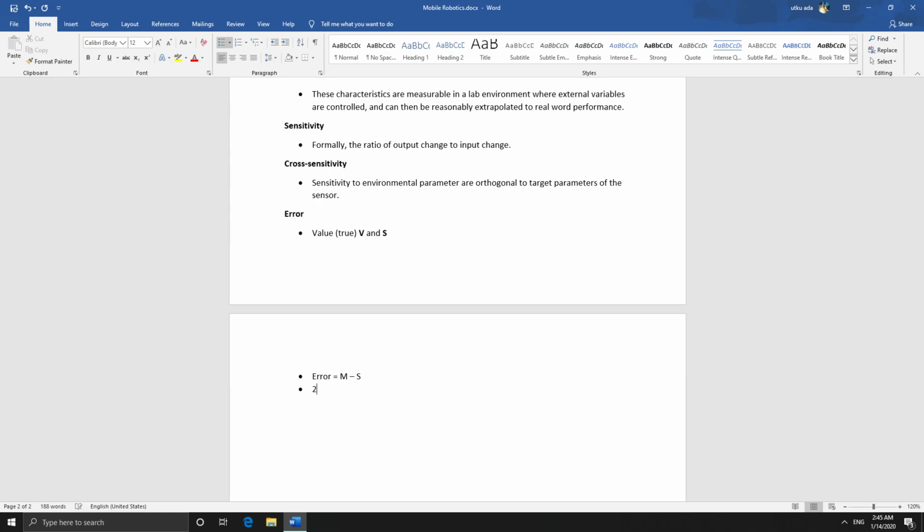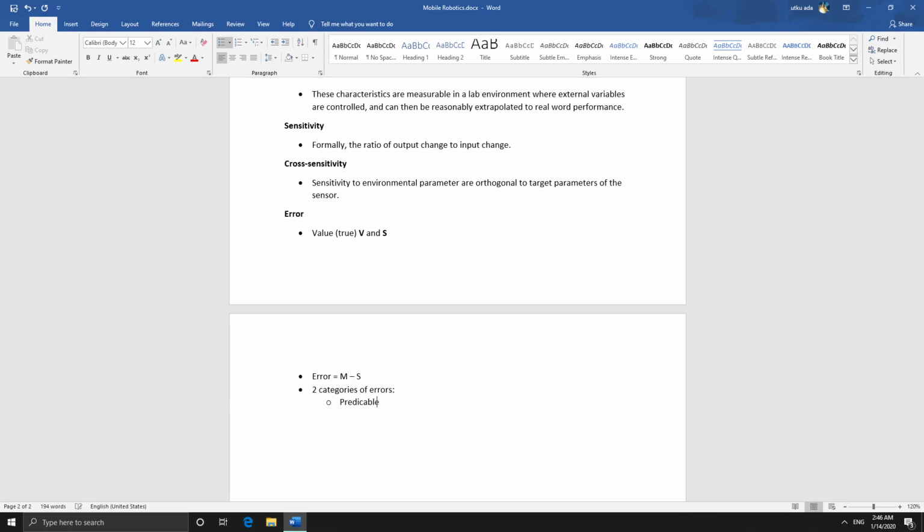And there are two categories of errors. There are systematic errors and random errors. Systematic errors are caused by factors or processes that can be modeled in theory, so they can be predicted.